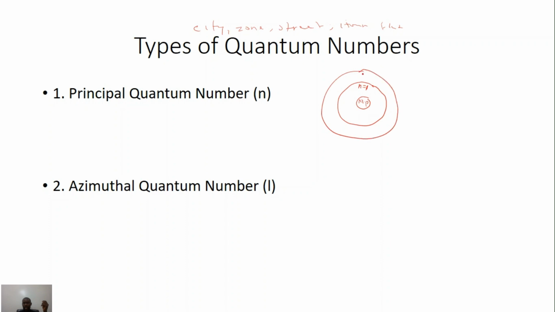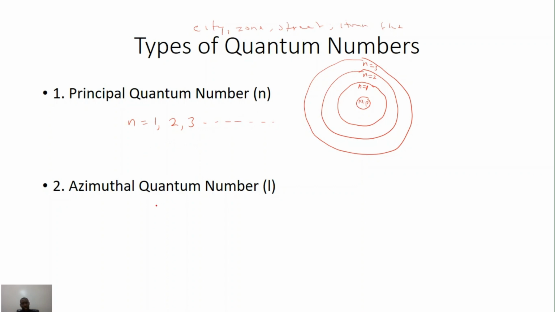The second shell is n equals 2. The third level is n equals 3. So n can take the value of 1, 2, 3, etc. It is called the principal quantum number and describes the principal energy level of the electron.